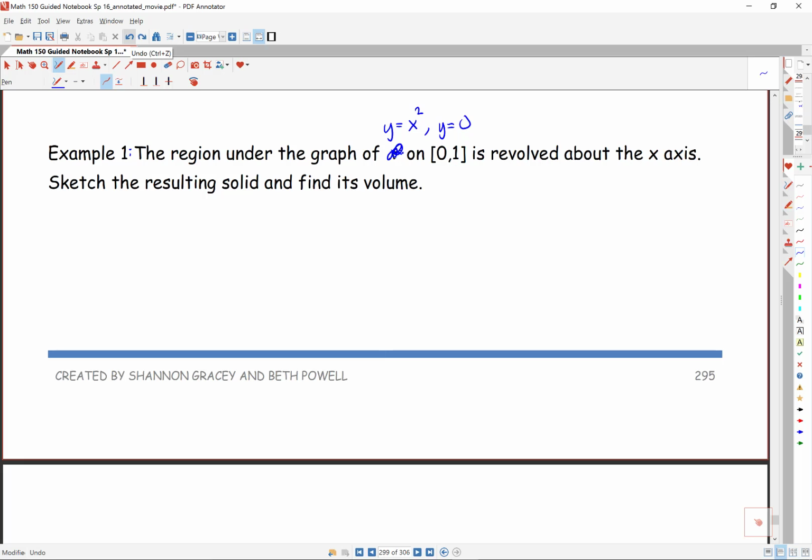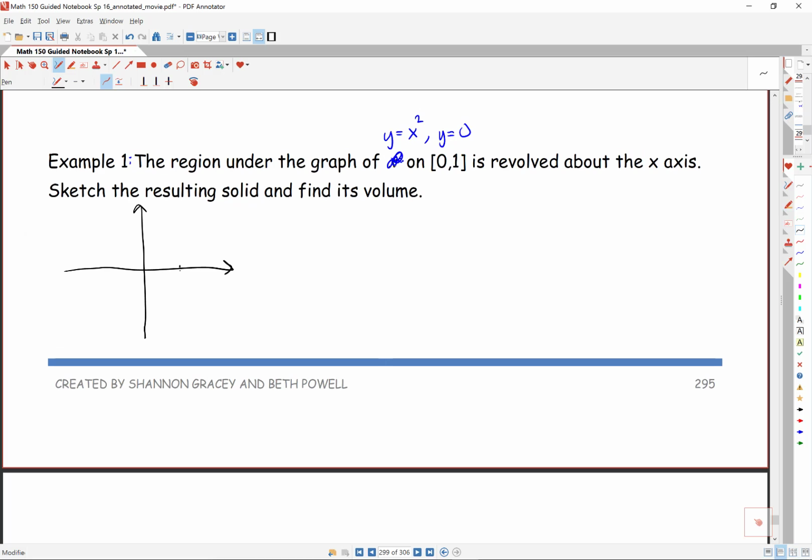So we're good there. So let's take a look at that picture. So we have this picture here. And our ordered pairs will have 0, 0, and 1, 1. So this is 1, 1.